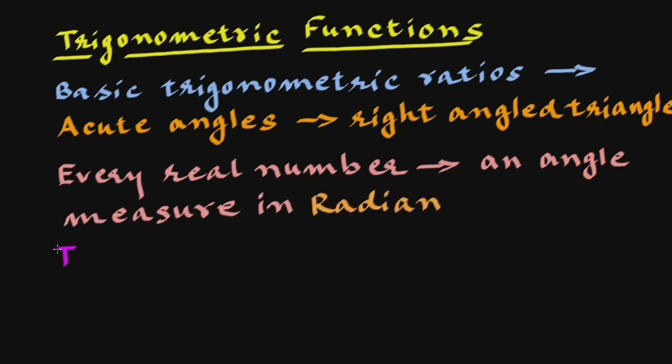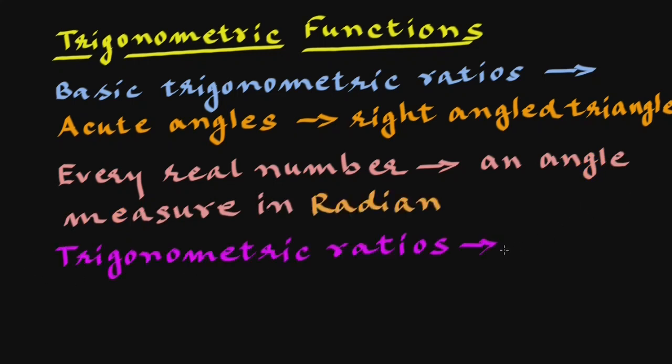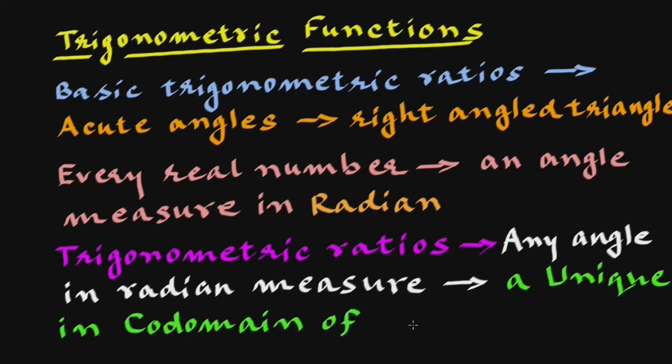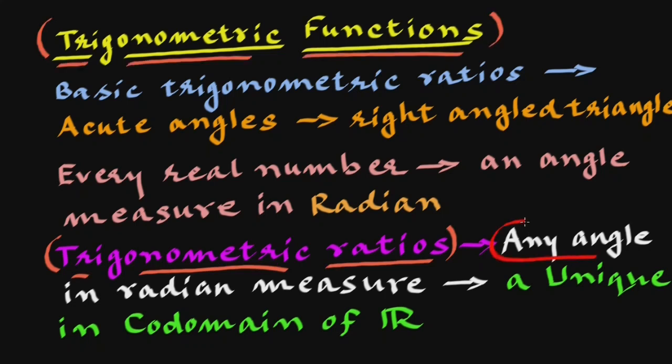Therefore, trigonometric ratios for any angle in radian measure correspond to a unique image in codomain of set of real numbers R. Therefore, we study trigonometric ratios as trigonometric functions for any angle in radian measure.